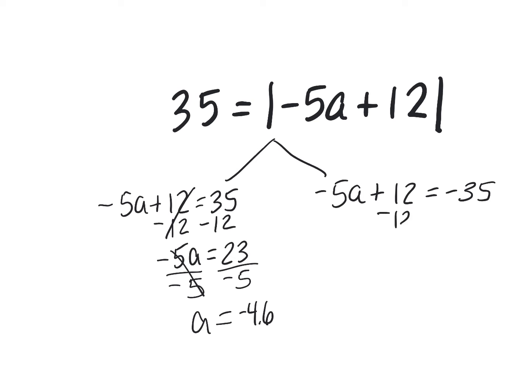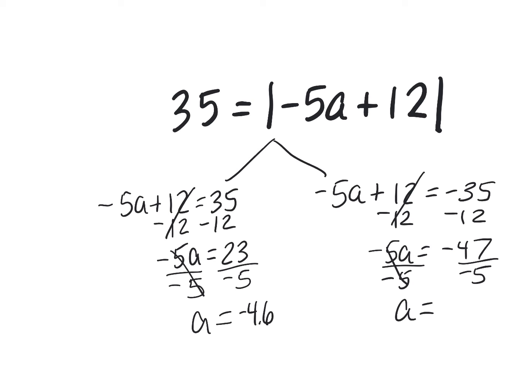And then you're going to subtract 12 here. So you'll have negative 5a equals negative 47. Divide both sides by negative 5. Good chance to remember that a negative divided by a negative is a positive. And you end up with 9.4. So when I plug in, I'm doing negative 5 times negative 4.6.